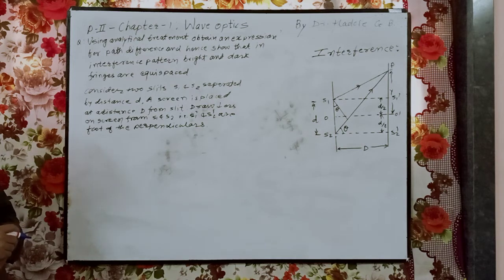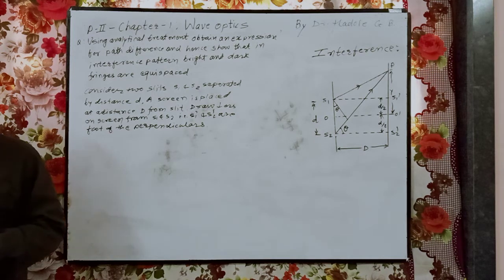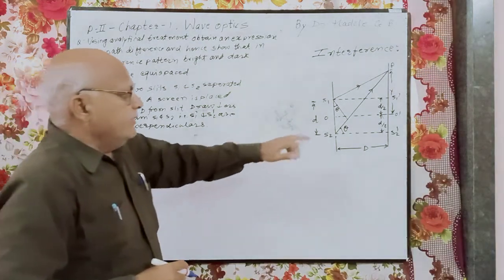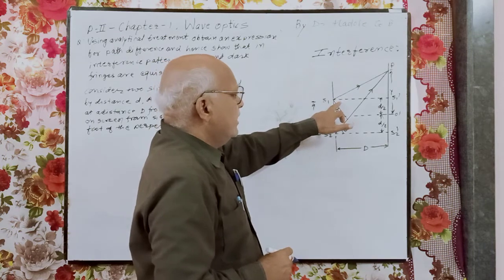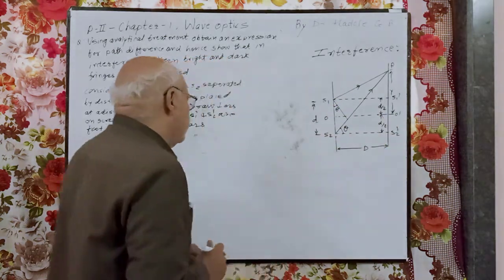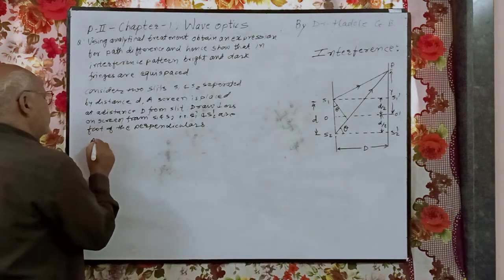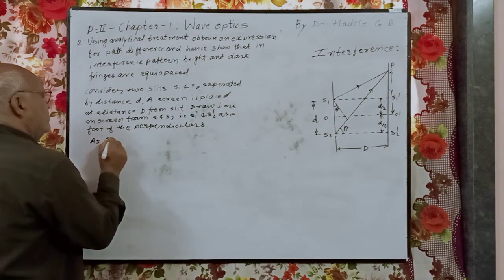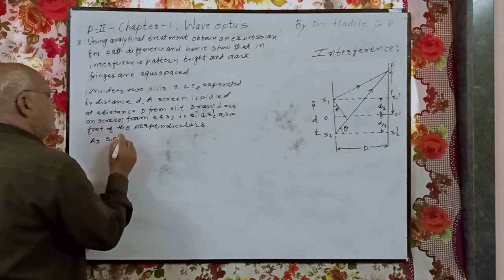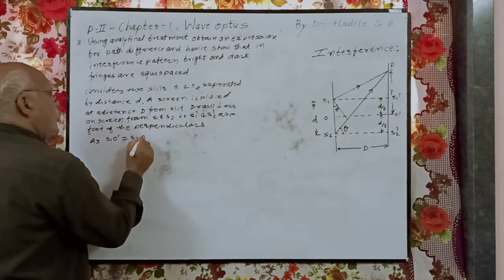Now here, if you observe carefully, then you will find that the distances S1O dash and S2O dash are the same, as S1O dash is equal to S2O dash.